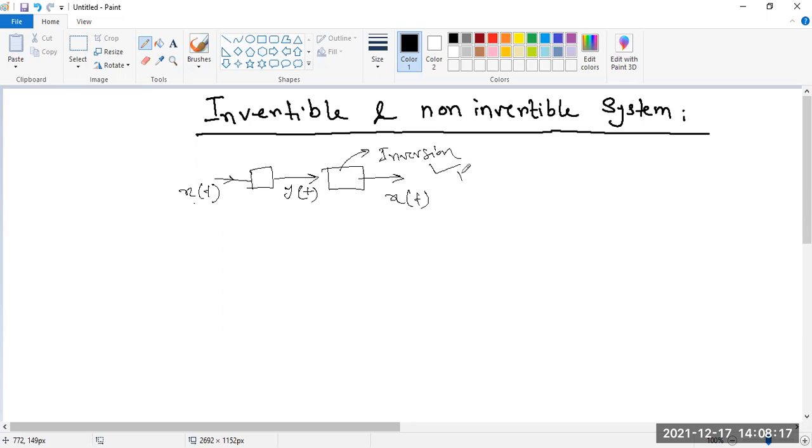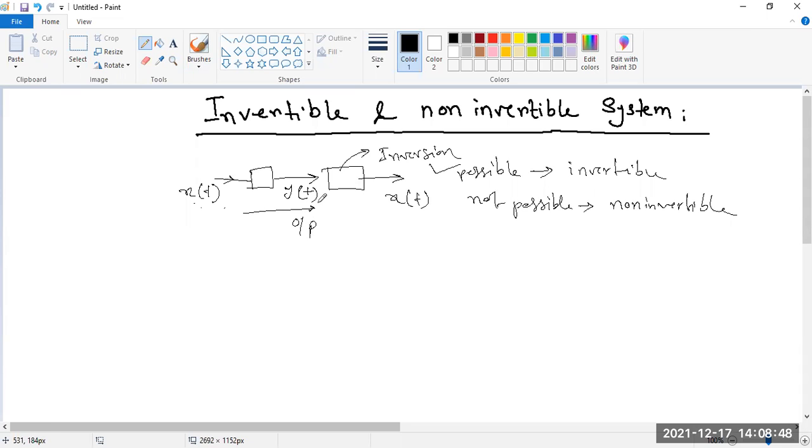So this is the inversion. If this is possible, then it is invertible. If this is not possible, then it is called non-invertible. Say x of t is converted by a system into y of t.